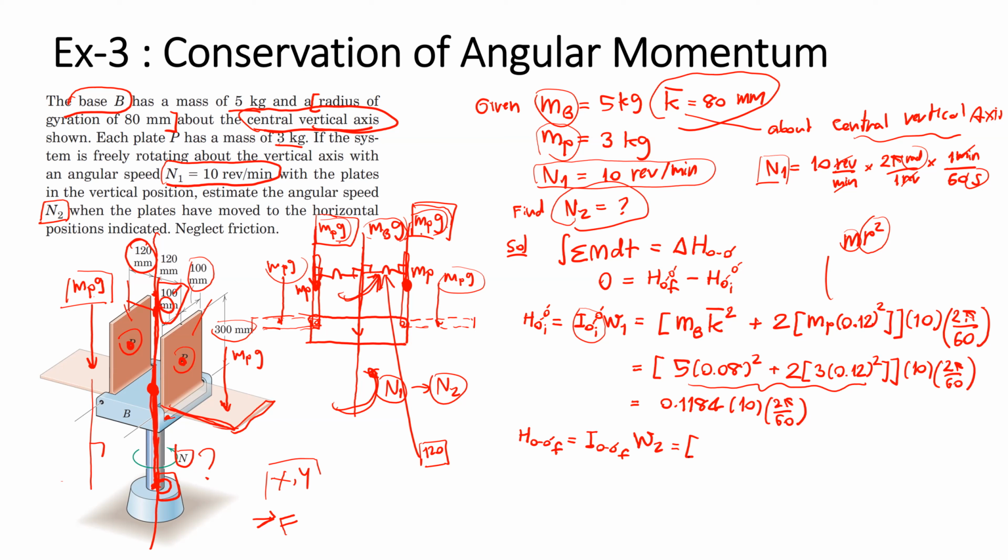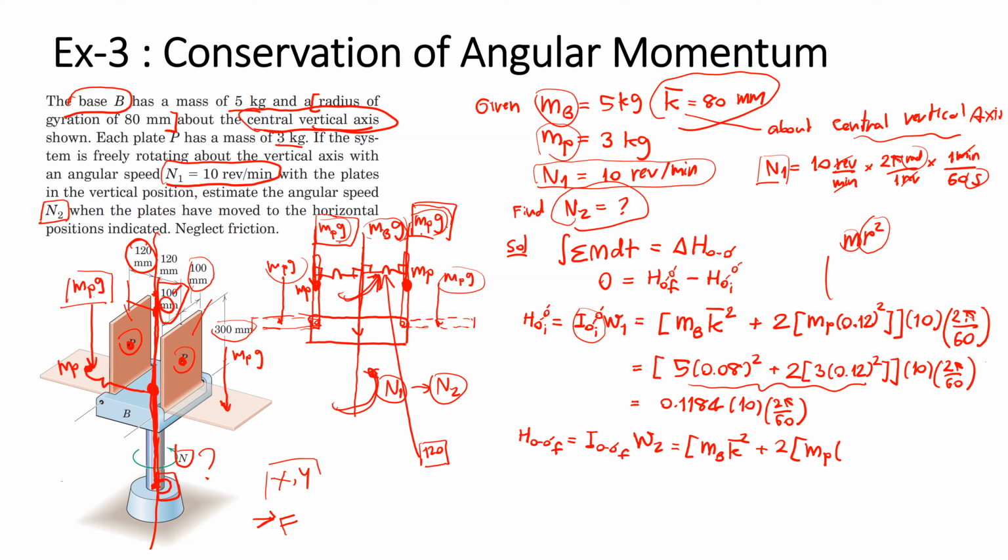So the moment of inertia will be the mass of the base and the same radius of gyration. Only one thing changed compared to the initial condition, which will be the distance of the mass of the plate from the axis of rotation.